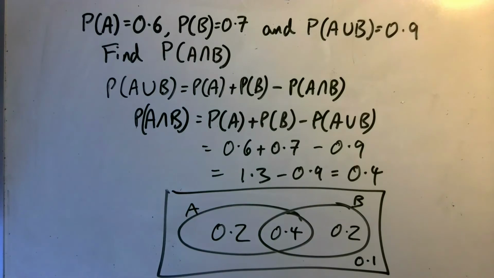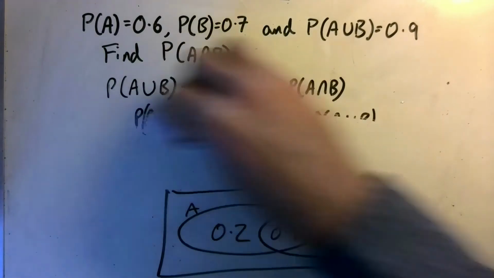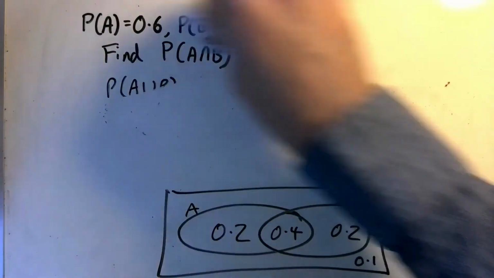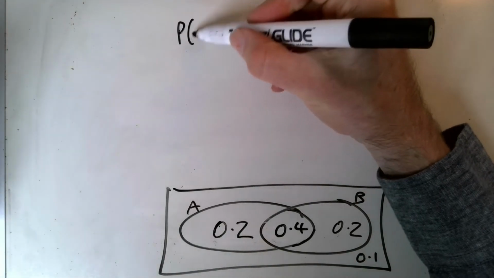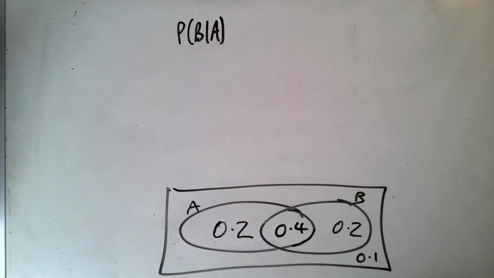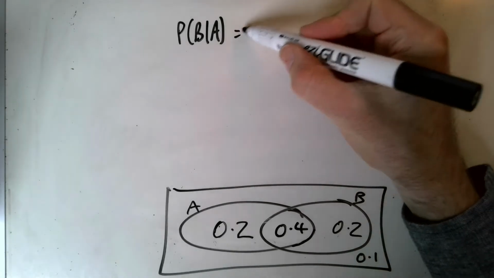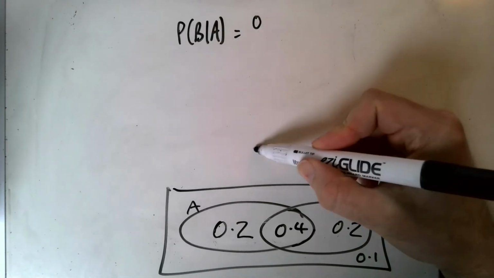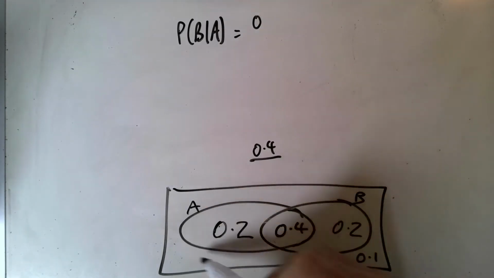Now, whilst I've got this Venn diagram on the board, I'm going to use that to help us into our next one, which is to show you first of all where the other formula comes from. Right, if I say the probability of B given A, in this instance, it's not 0.4, it is 0.4 divided by all of A, isn't it?